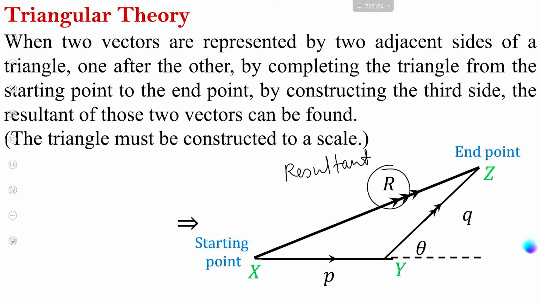That is the addition of P plus Q. So that is what you call the triangular theory. Simple.